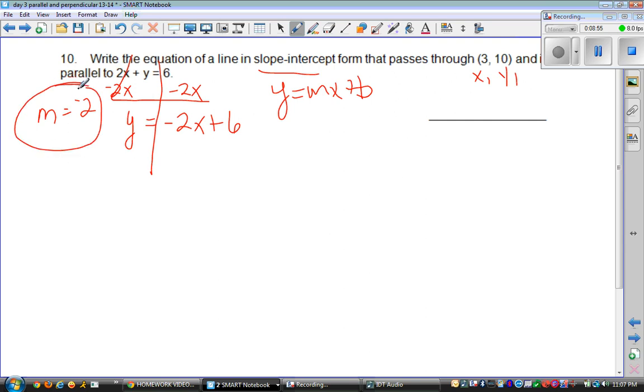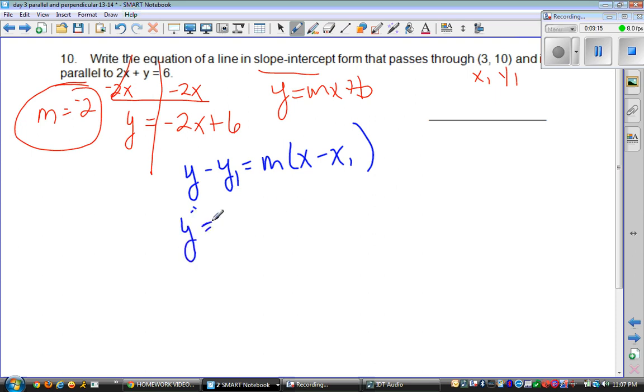So since my slope is negative 2, and I have this point over here, 3, 10, I can use the point-slope form to get my equation. So remember, y minus y1 is m times x minus x1. And keep in mind, you don't have to remember or memorize these formulas because they're all on your formula chart.